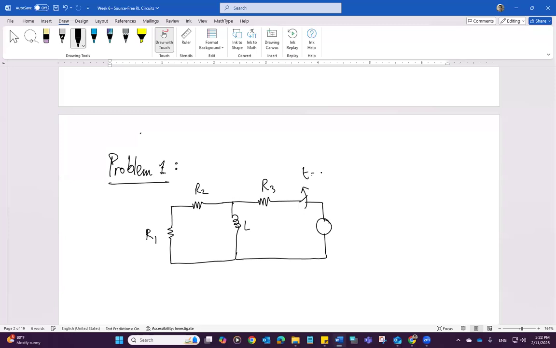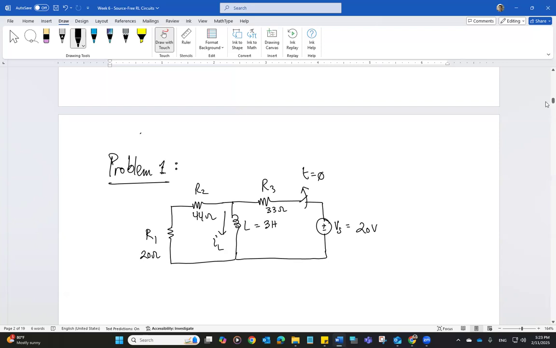The switch is opening at t equals 0. And then we have a voltage source, Vs equals 20 volts. Let's assume L is 3 henry. R1 is 20 ohm, R2 is 44 ohm, and R3 is 33 ohms. Inductor current is going through the inductor.